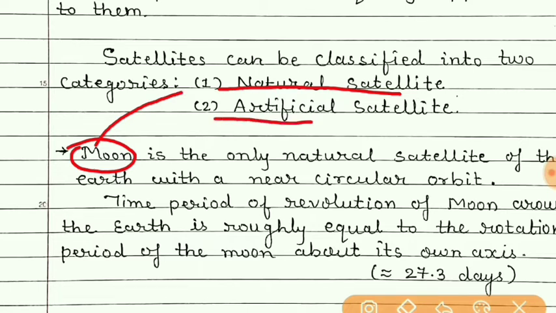And artificial satellites are man-made, and they are launched at some distance from the center of the earth to revolve and to gather information as well as to deliver information.